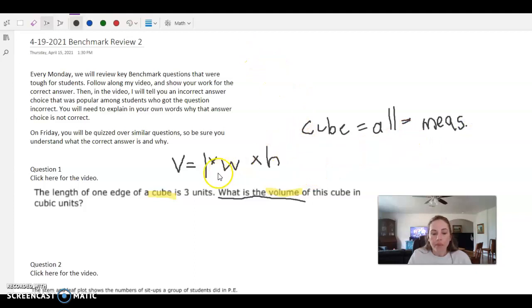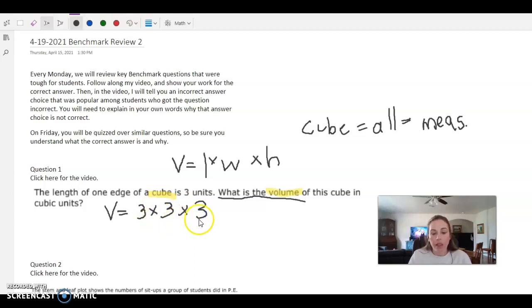So when we say that the cube has all equal measurements, then that means its length, its width, and its height will all be the same. That's why we can be given one number and find out the volume. So for this particular cube, volume is equal to 3 times 3 times 3.